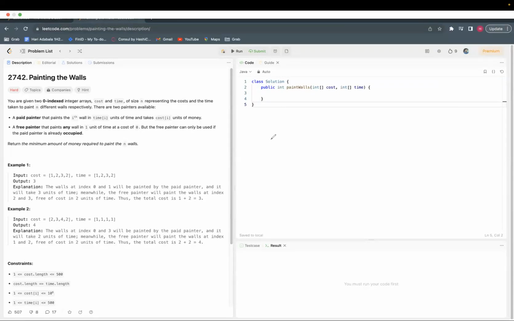Yeah, so let us take this recursive, clear this. So let me write this recursive function.